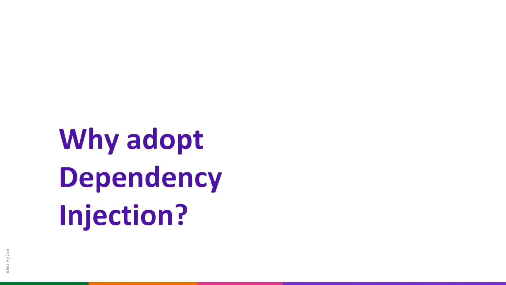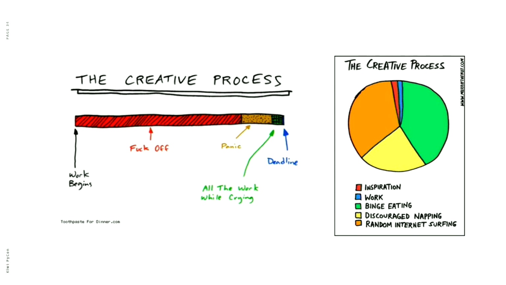So why adopt dependency injection? There's a swear word on this slide. I'm sorry about that, but hopefully I won't be banned from the Python conference in future. This is a kind of famous diagram. Certainly I've seen it used around the place a lot, the creative process.